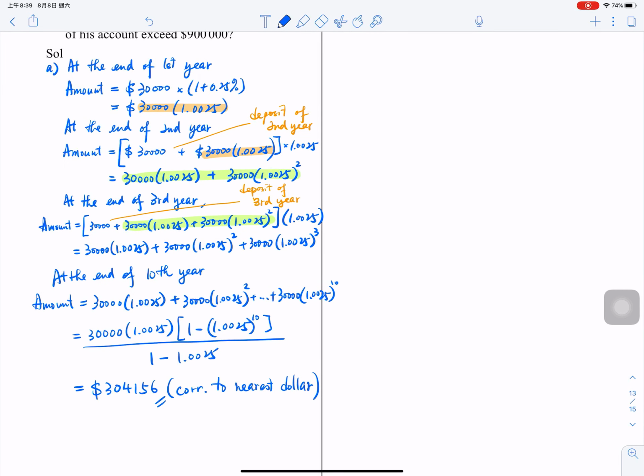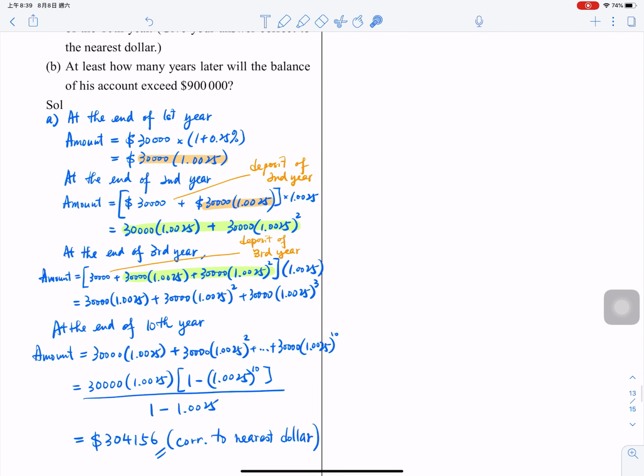So you see that about the compound interest, we need to write it carefully, because this time every year Jerry deposits $30,000 in the bank at the beginning of each year. So after first year, calculate it. After second year, after third year.